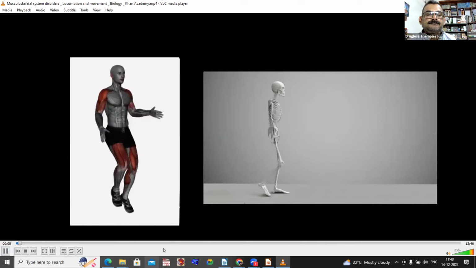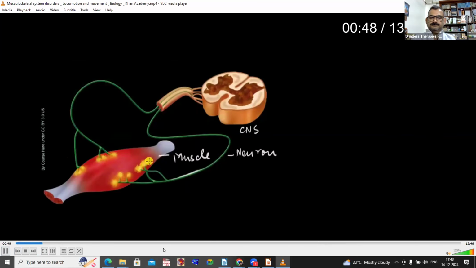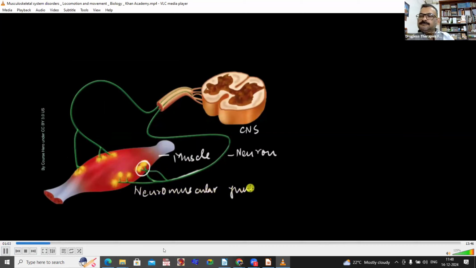Imagine any part of the system, this contact point between the neuron and the muscle, which is called the neuromuscular junction.